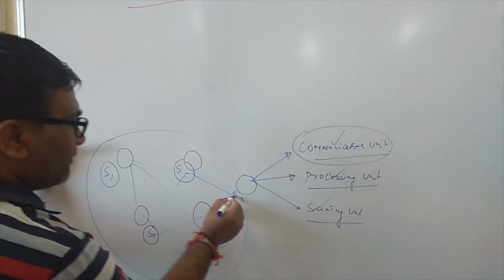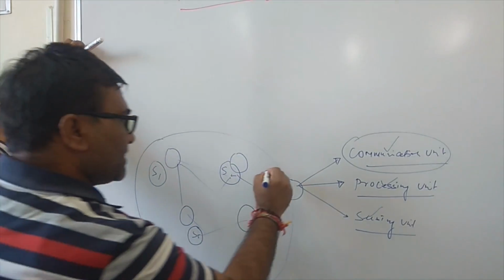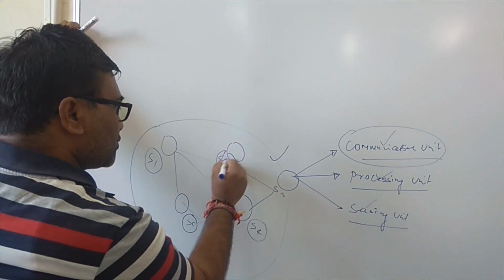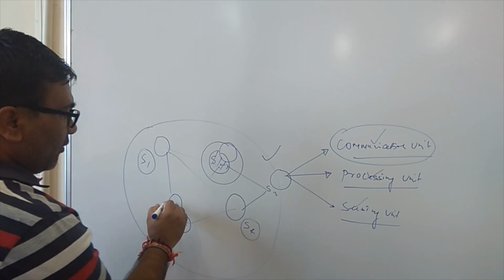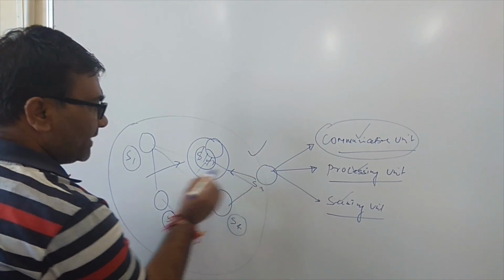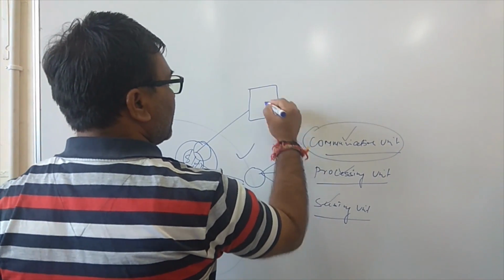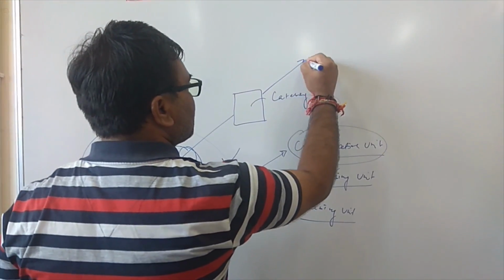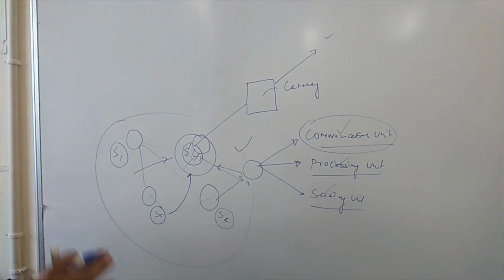On the basis of, let us assume, battery lifetime, they select S2 as the cluster head. This cluster head aggregates the data from the different sensors and sends it directly to the gateway, and the gateway processes it further. That is the concept related to the wireless sensor network.